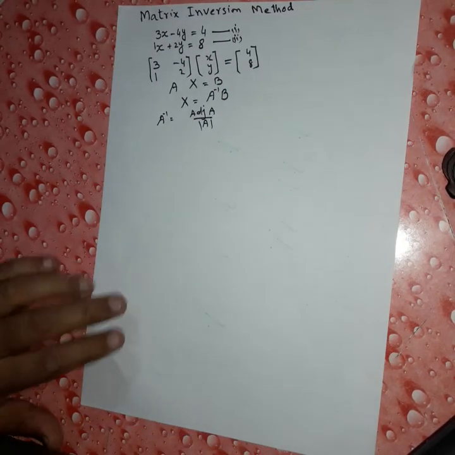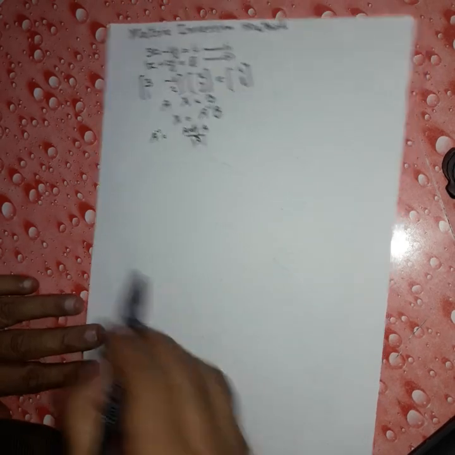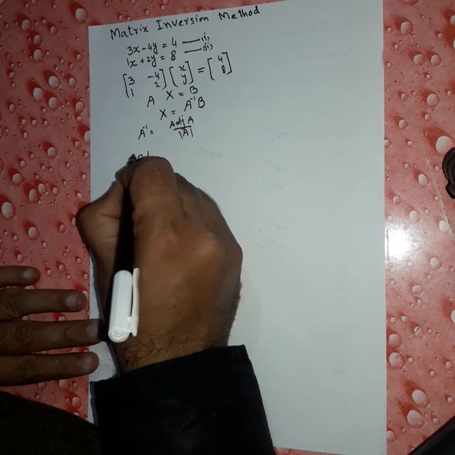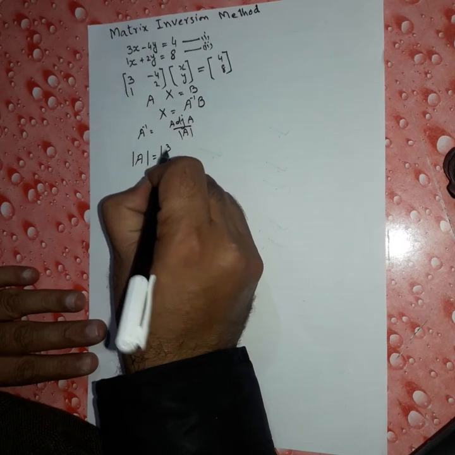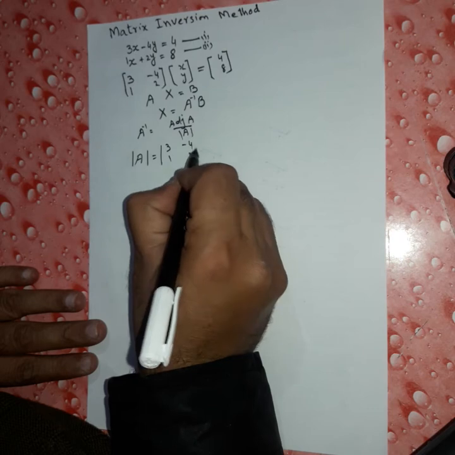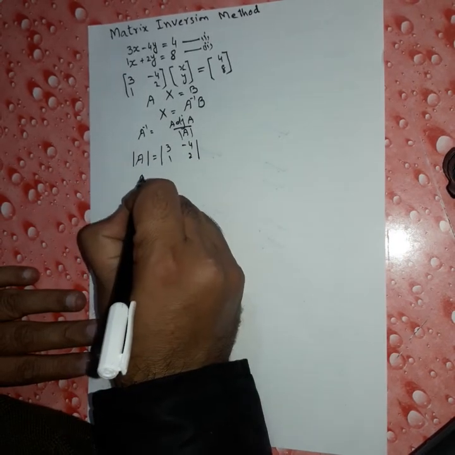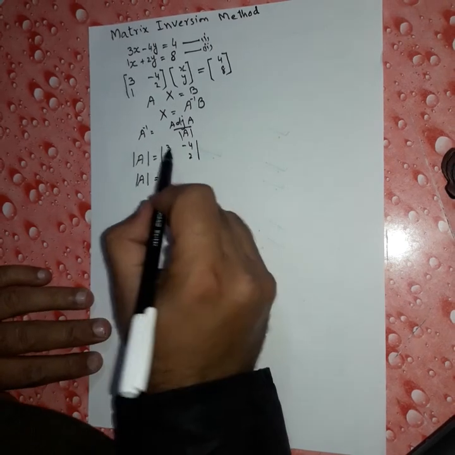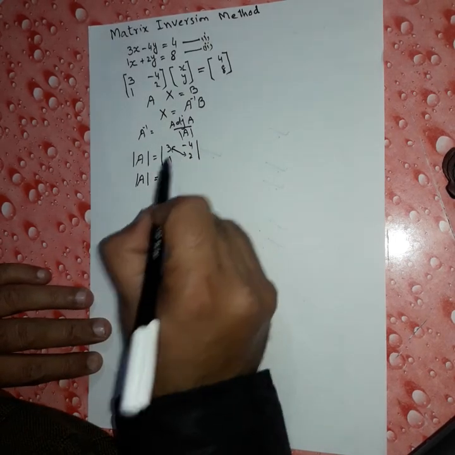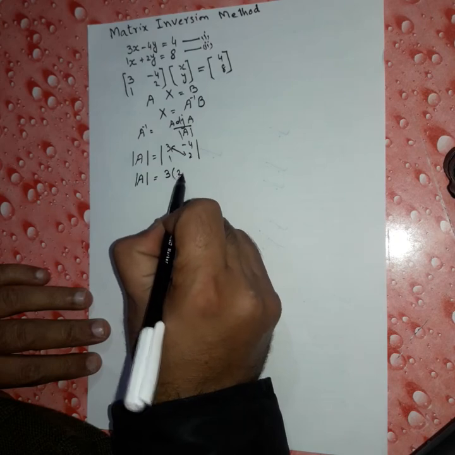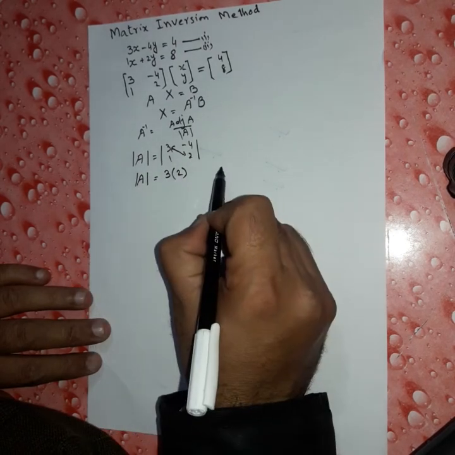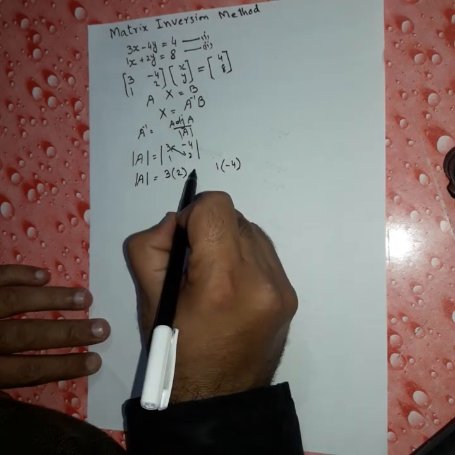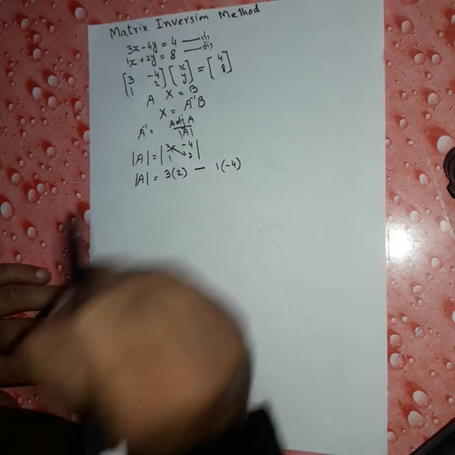First, I calculate the determinant of A. Determinant of A is equal to |3 minus 4; 1 2|. Now I calculate the determinant. I multiply the diagonals with each other: 3 multiplied by 2 and 1 multiplied by minus 4, and a minus sign between these two multiplications.